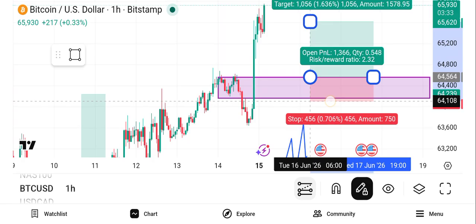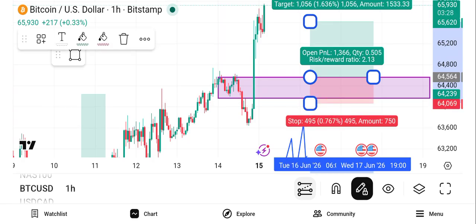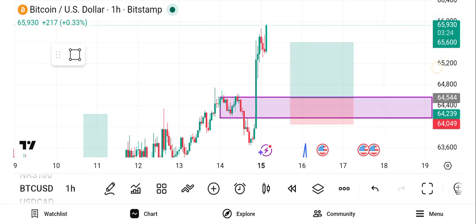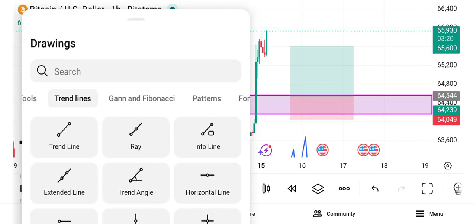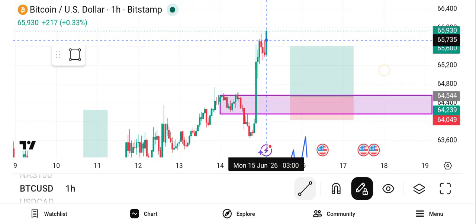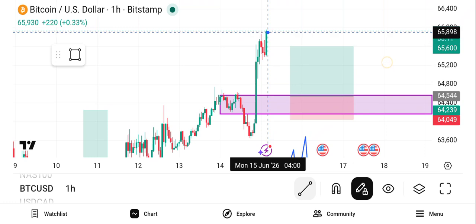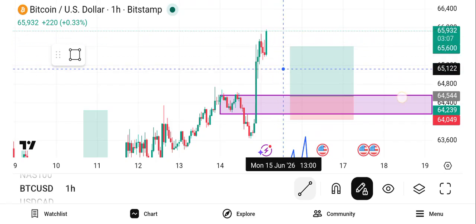If it approaches our point of interest in a trend-like manner, it will be okay. We know that this is an A plus setup. But if it approaches it in a very impulsive move, I will be very skeptical to take this trade.